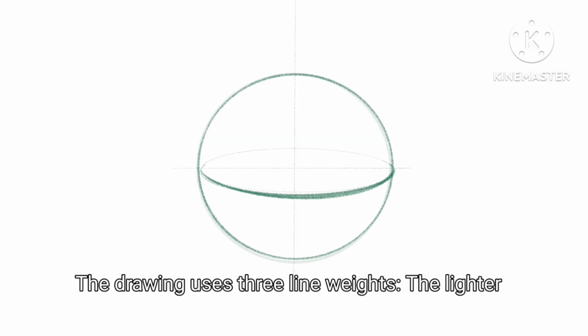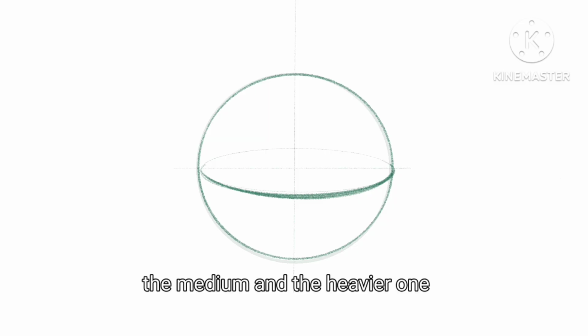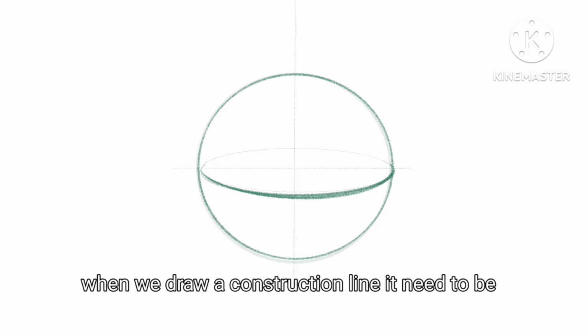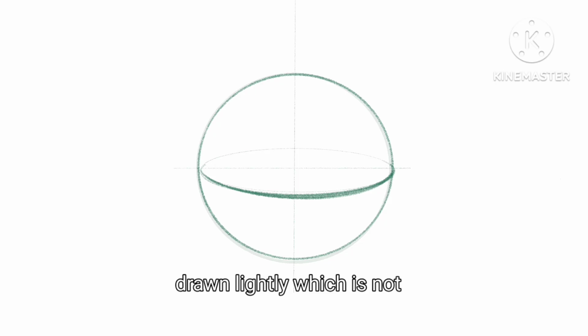The drawing uses three line weights: the lighter, the medium, and the heavier one. When we draw a construction line, it needs to be drawn lightly, not meant to be seen.